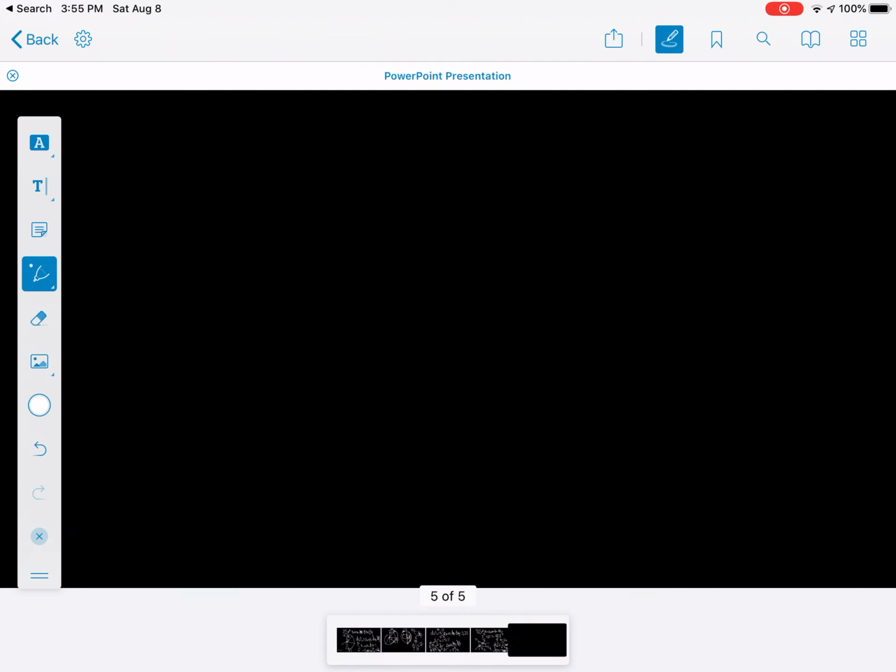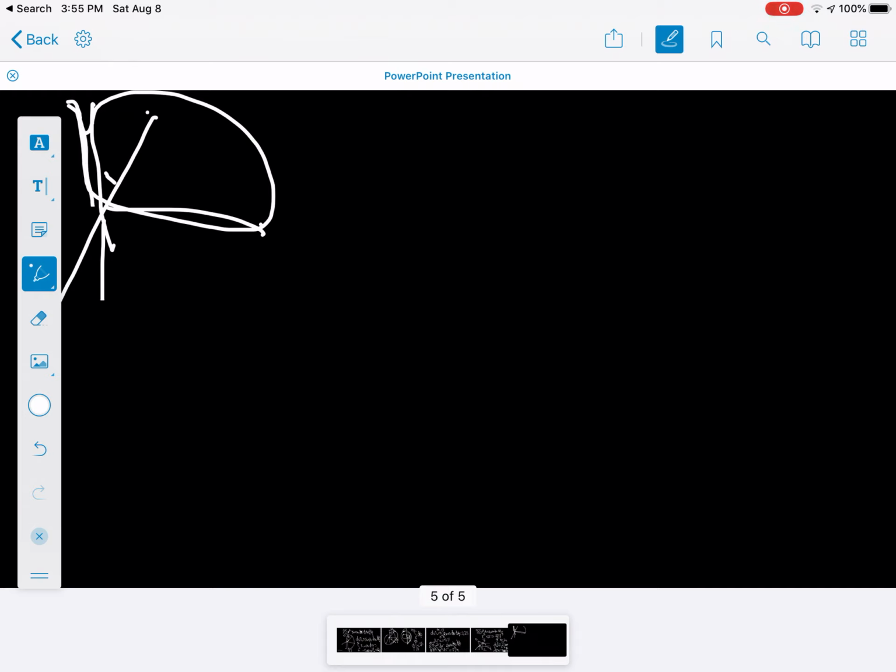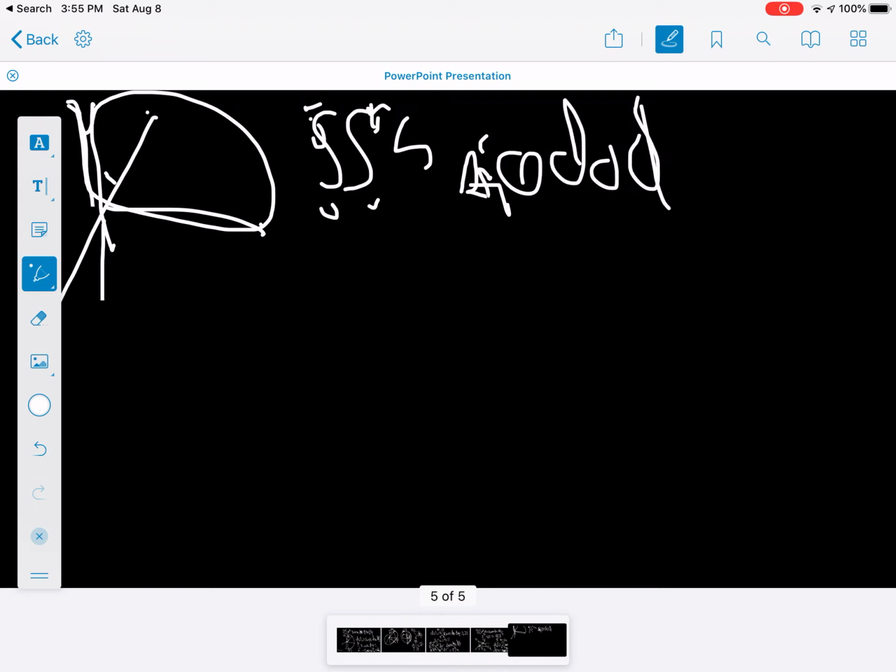Let's change pages. For a sphere in one quadrant, you get pi by 2 for the solid angle.